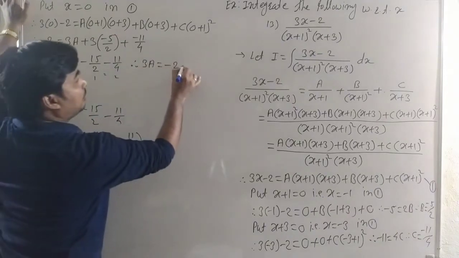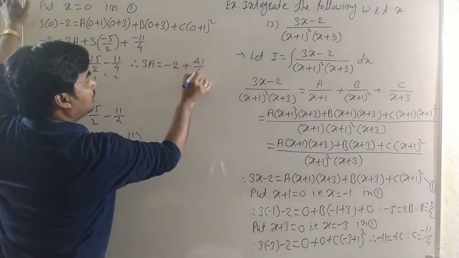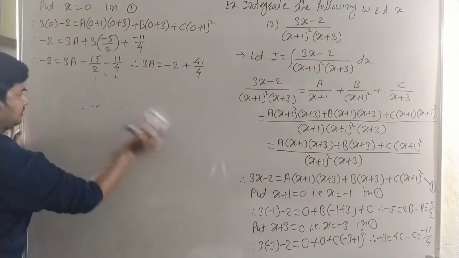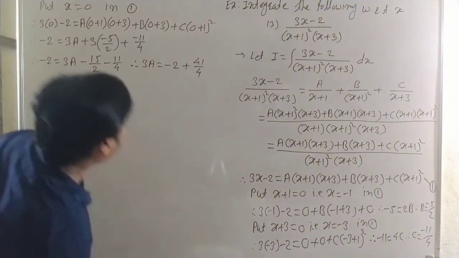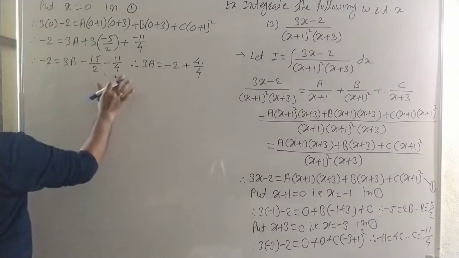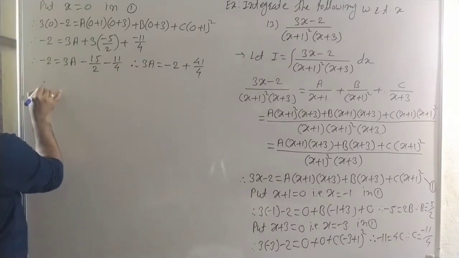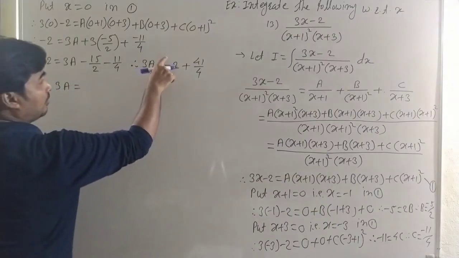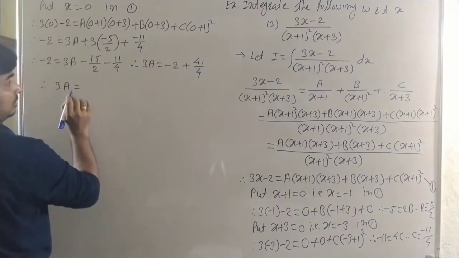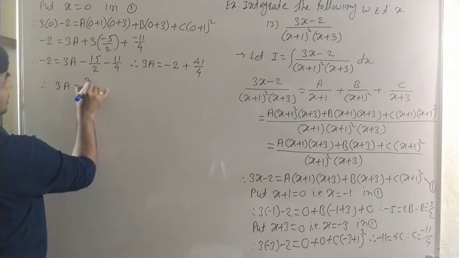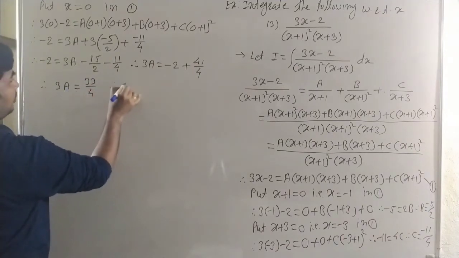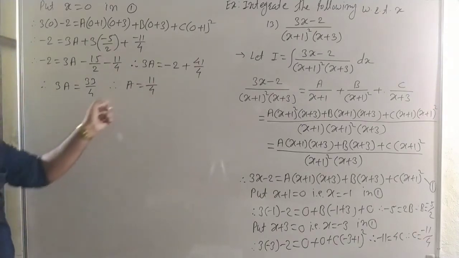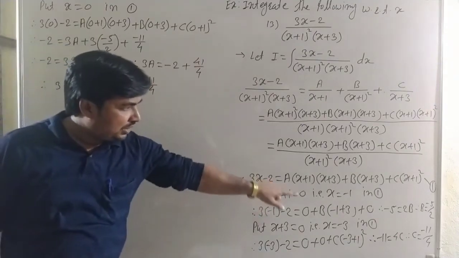We can write it as plus 41 by 4. And now see carefully this. Therefore 3a is equal to minus 8 plus 41, it is 33 by 4, and therefore a is equal to 11 by 4. 3 gets cancelled. This is the value of a, b and c.